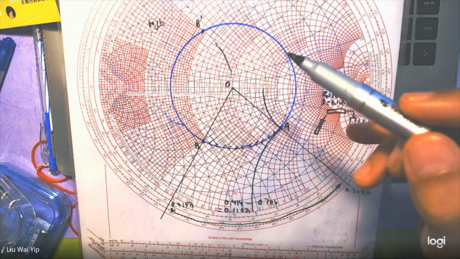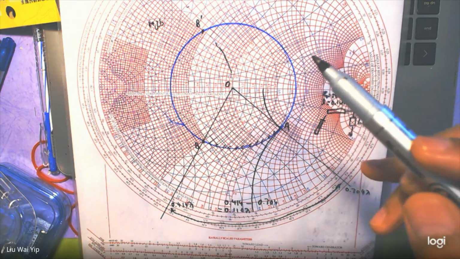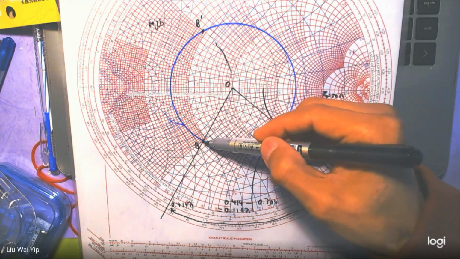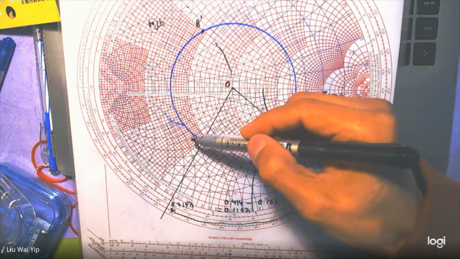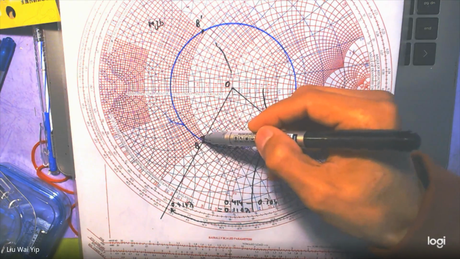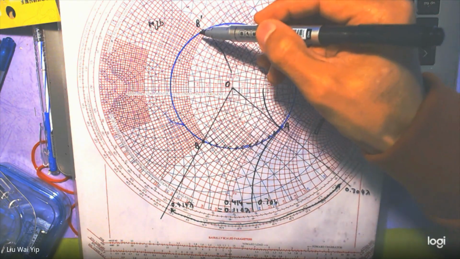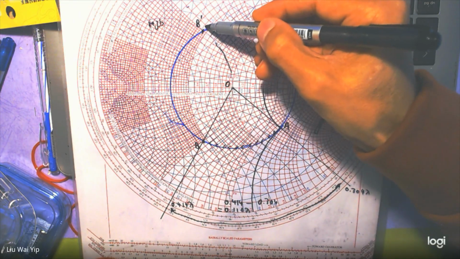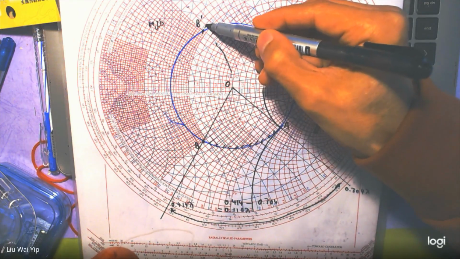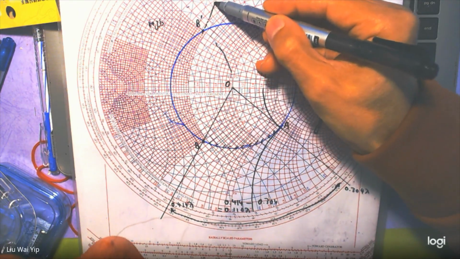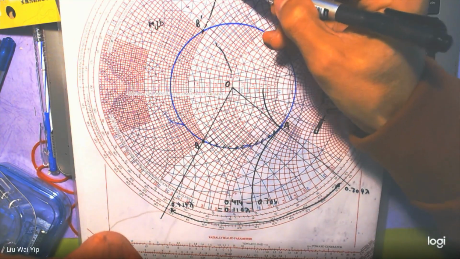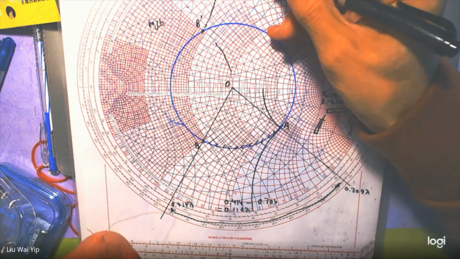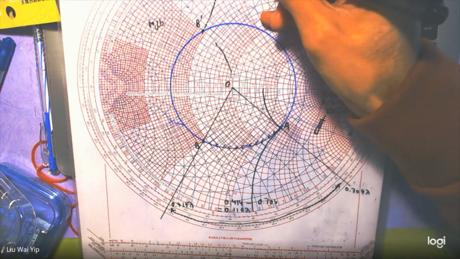So what you need to do is use another point to cancel off this surplus susceptance. The point that you look for is here, B prime. So this is the amount of susceptance you need to cancel off.